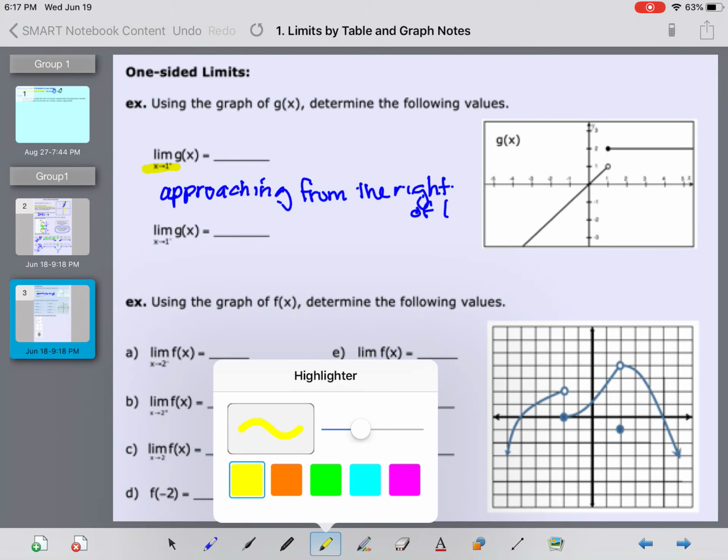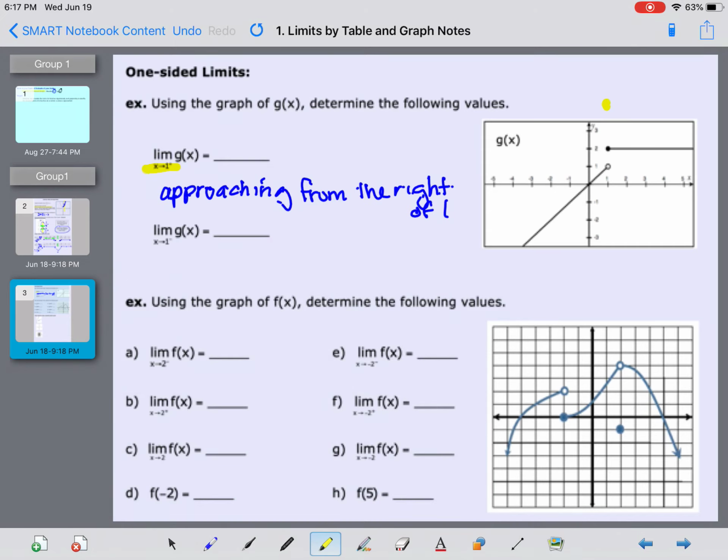I tend to use highlighters, especially if we're not used to looking at limits. Kind of gives us a focus. So I'm going to put a vertical line at 1, in fact, the line x equals 1. And if we approach it from the right, that means we're approaching from this side. This side is the positive side, the right side. If we approach from the right alone, we would see that our y value is getting really, really close to 2. So we would say that this limit is equal to 2.